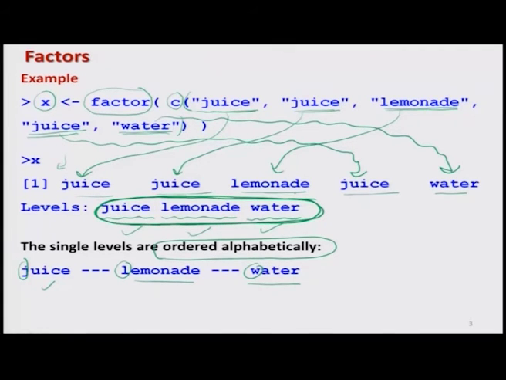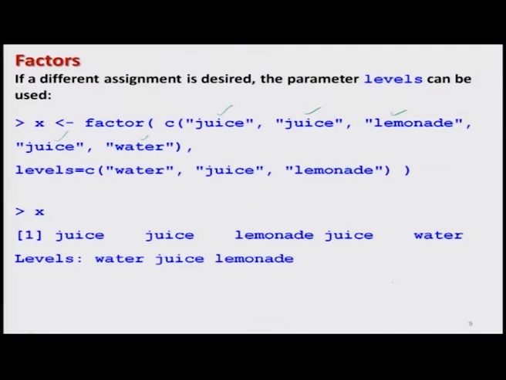This choice was made automatically by the R software, and suppose I now want to change it. I do not need this, but I want to have some other levels depending on my need. What I do now is define my own levels, and I say my levels are going to be water, juice and lemonade.